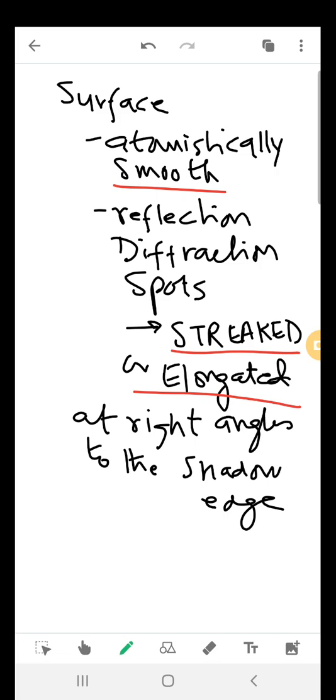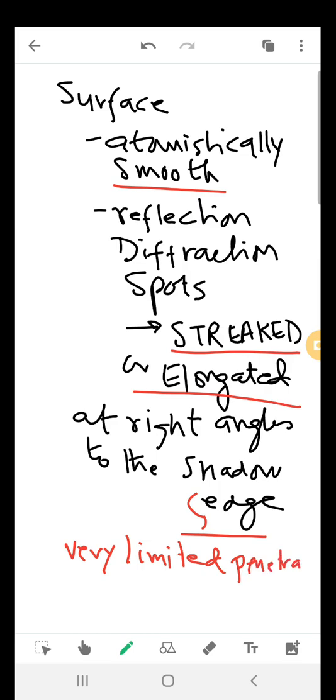And this shadow edge is an edge which occurs because of very limited penetration of the electron below the surface.